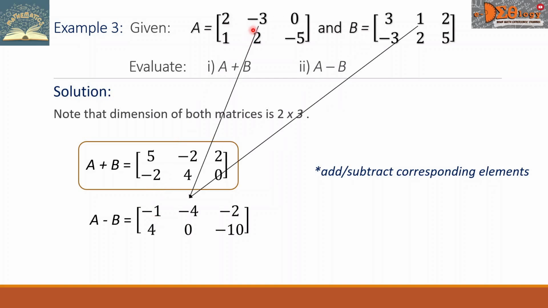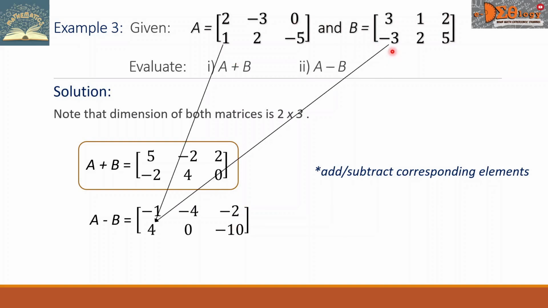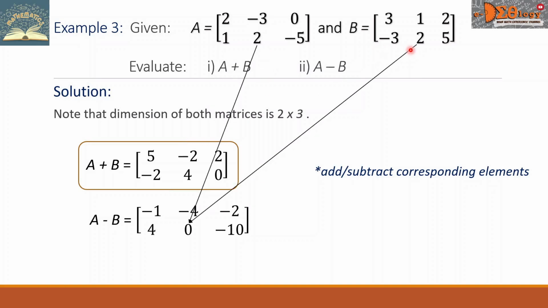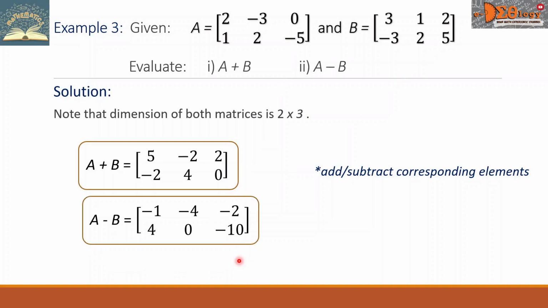Then negative 3 minus 1 is negative 4. 0 minus 2 is negative 2. 1 minus negative 3 is positive 4. 2 minus 2 is 0. Negative 5 minus 5 is negative 10. This is the difference. Note that the resulting matrix is of size 2 by 3 also.